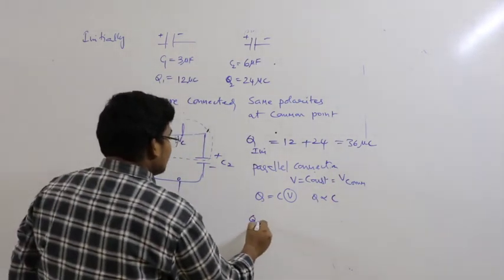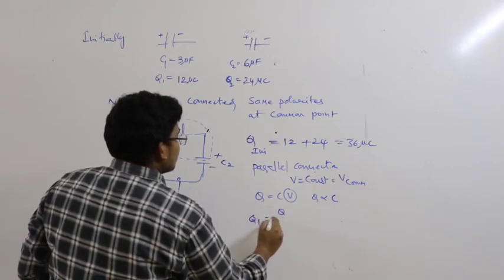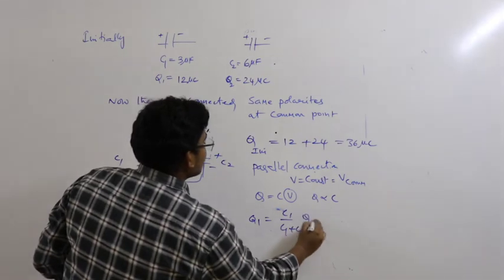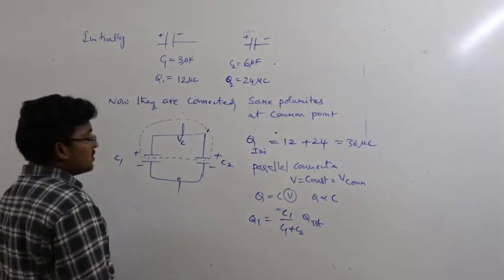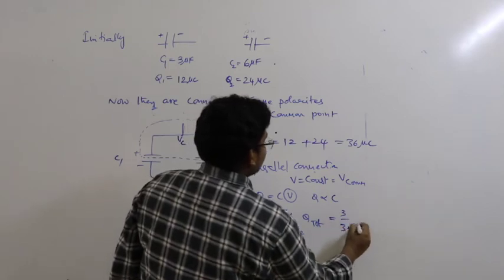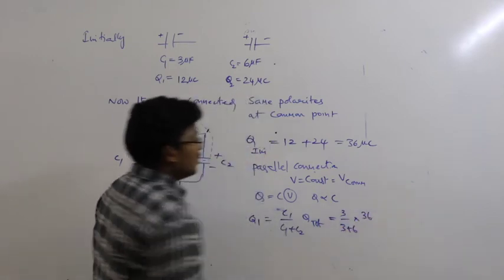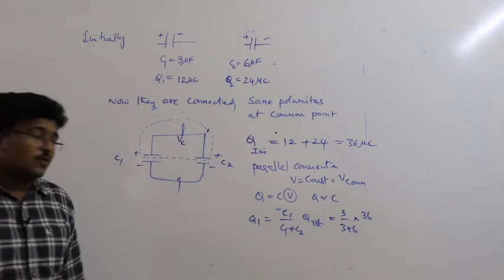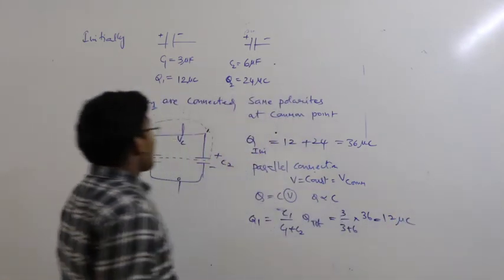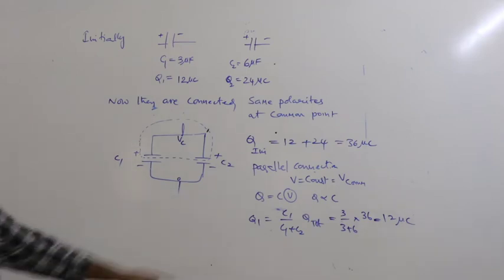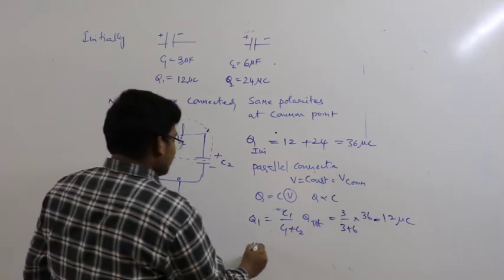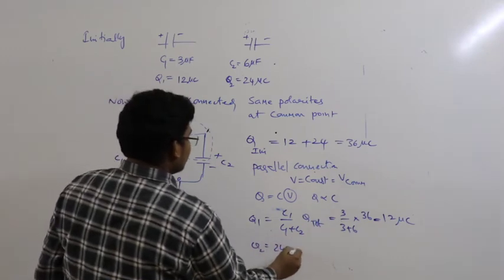It means Q1 is equal to C1 by C1 plus C2 into Q total. Now what is C1? C1 is 3. 3 by 3 plus 6 into total charge 36. Now you will get 3 by 9, which is 1 by 3, it is 12. So 12 microcoulombs. When Q1 is 12, automatically Q2 will be the remaining, 24 microcoulombs.